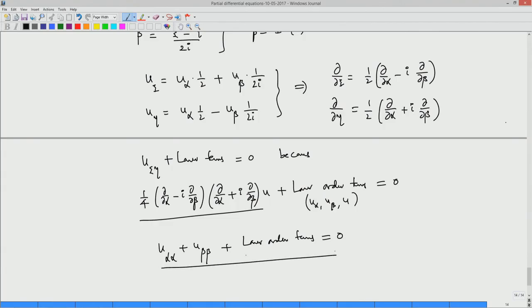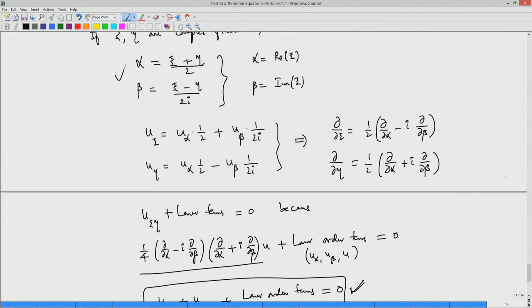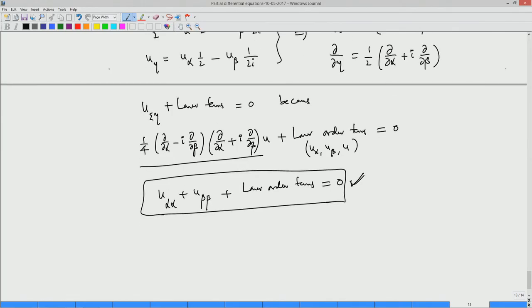So this is a second canonical form when b square minus 4ac is non-zero. When b square minus 4ac is non-zero, you get a second canonical form by the new transformation here. So when xi and eta are complex functions, you do this transformation to see that this is an elliptic equation.